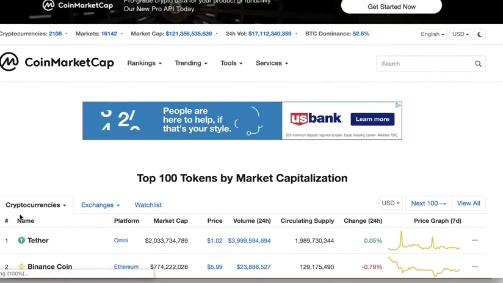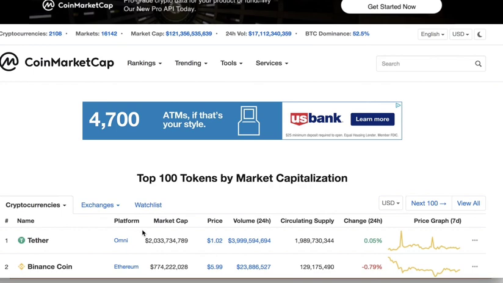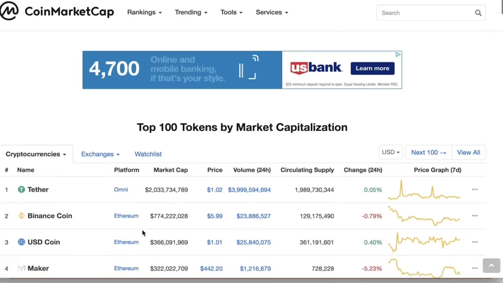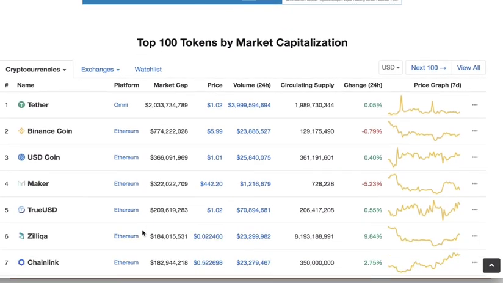And you will also see a column that shows which platform that token is based on. This is the column. You will see that most tokens are built on the Ethereum blockchain at this point. So it is important to note that tokens do not operate off their own blockchain and coins do.